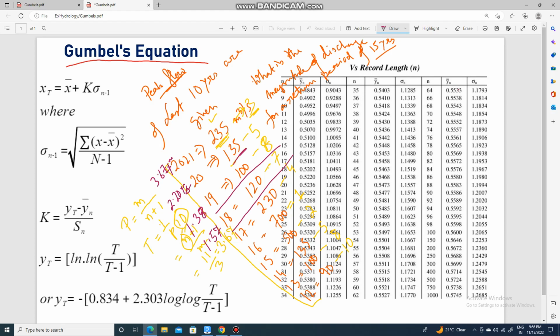Next one, this one has a position of 4. So 11 divided by 4 is 2.75. Then for this one, which has the position 1, this will have a return period of 11 divided by 1.